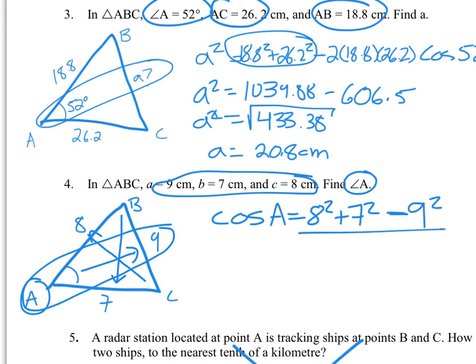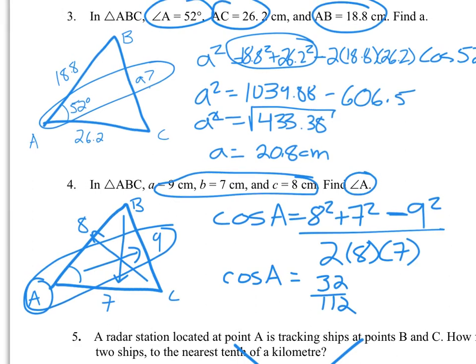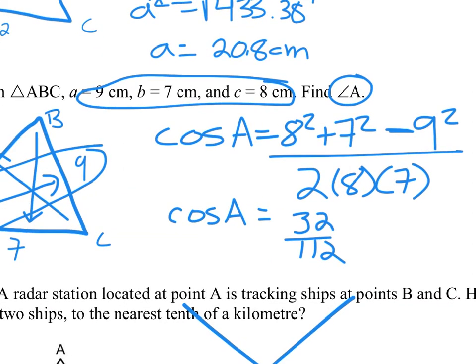The 9 matches to the A. We're going to take that 2, multiply it by 8 and 7, which are the other two sides. Again, I always solve for the numerator and denominator separately, so I got 32 over 112. You can do the math on your own. If I do the inverse of that, so second function cos, 32 divided by 112, angle A ends up being 73 degrees.